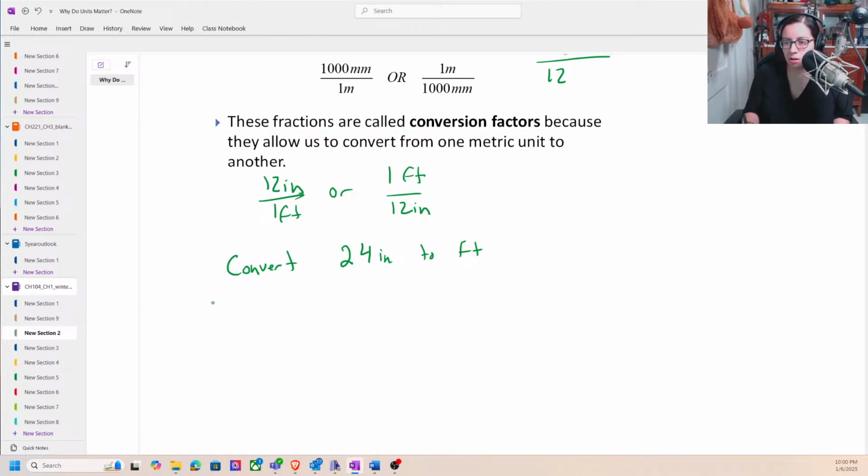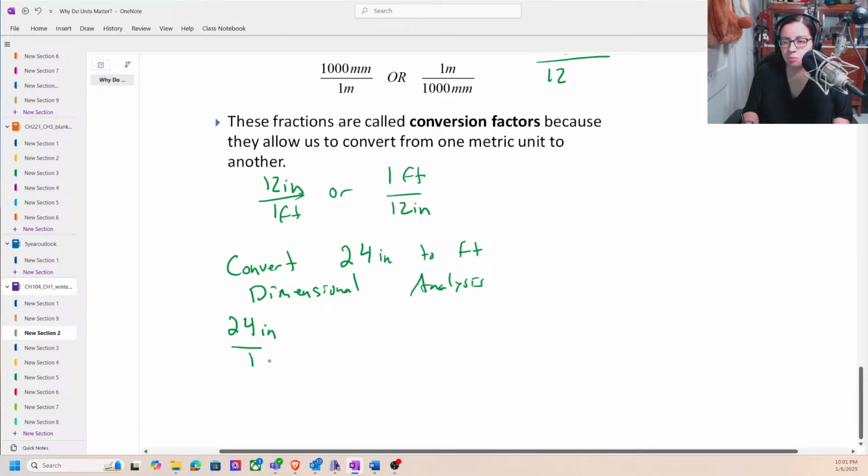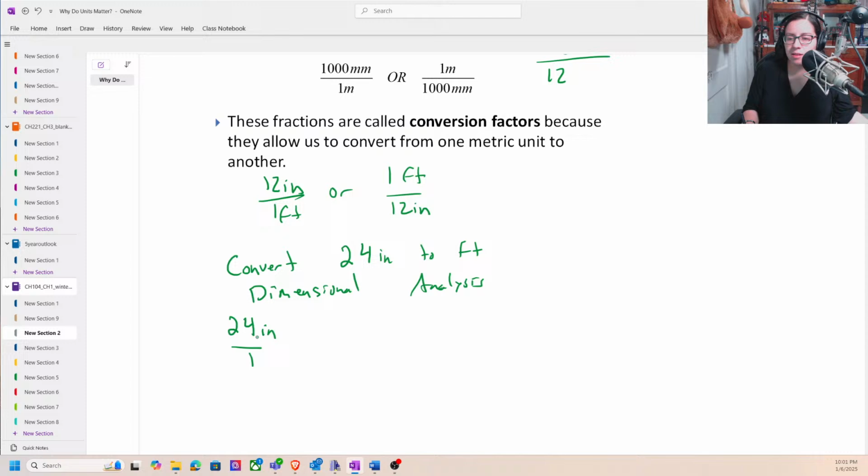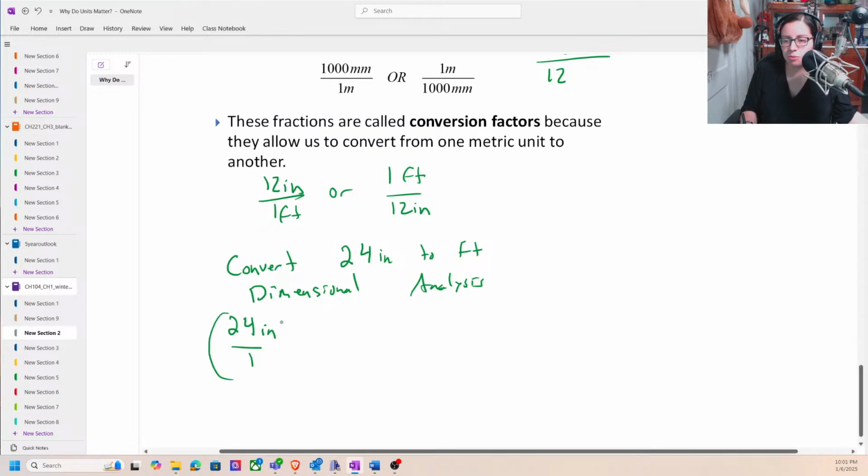And so this is what's called dimensional analysis. All this is really unit canceling, or relationship canceling. You're just converting from one to the next. You begin with what you're given, so we have 24 inches. And I like putting it over 1. Some people call this the railroad tracks and make these lines more explicitly.